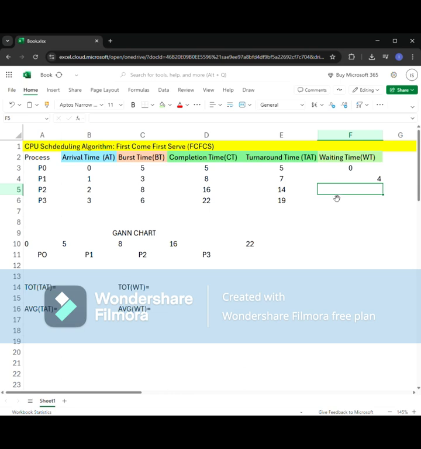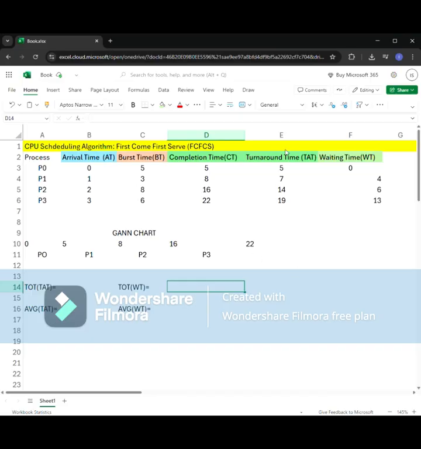The P2 is 6, because the turnaround time is 14 and the burst time is 8. 14 minus 8 equals 6. The P3 is 13, because the turnaround time is 19 and the burst time is 6. 19 minus 6 equals 13. This is the result of waiting time.